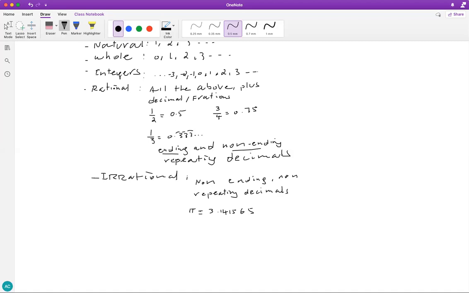So the thing with this number is it's irrational because it's a decimal, but that decimal doesn't have a pattern. Here we have a pattern, but this one does not have a pattern. It does not end, just some random non-ending number. So 14, 15, 92 actually, and then 65. Okay, it's 92 here.